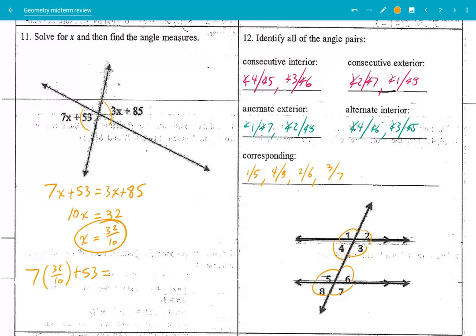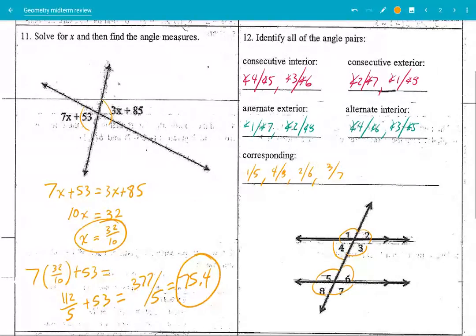Okay. Plus 53, 75.4. So, sure. Let's say it's that.